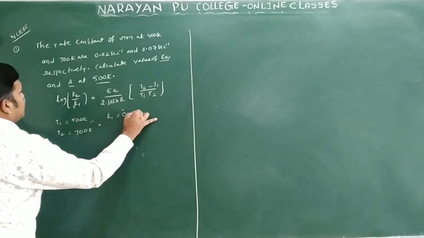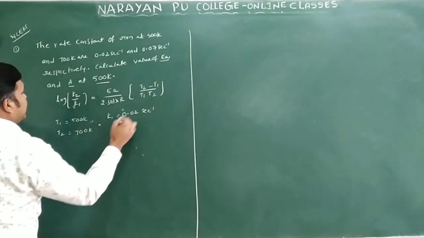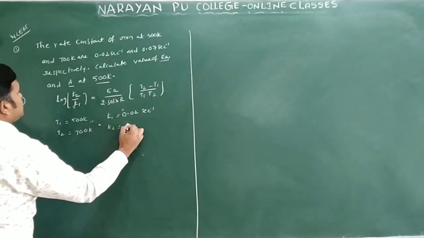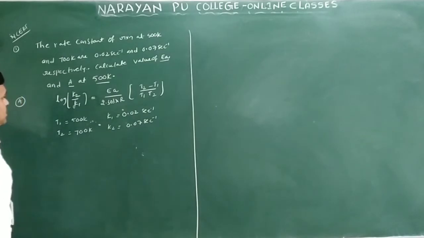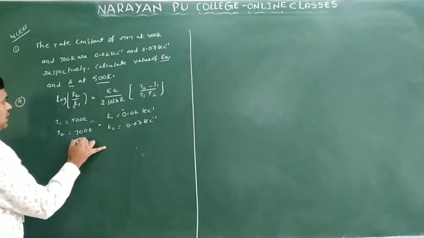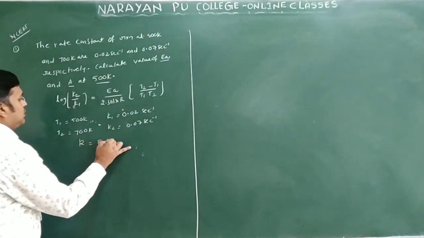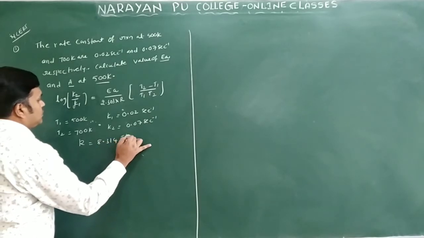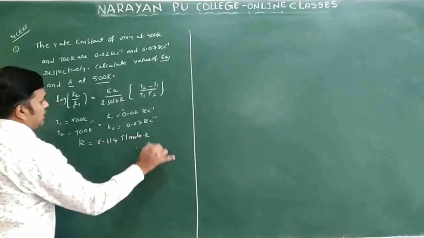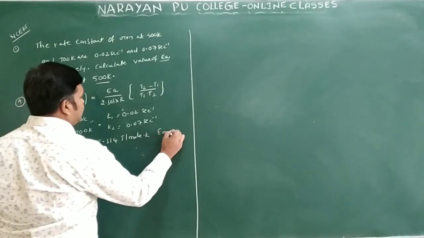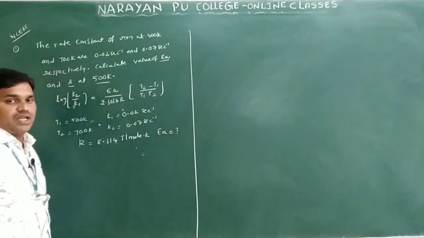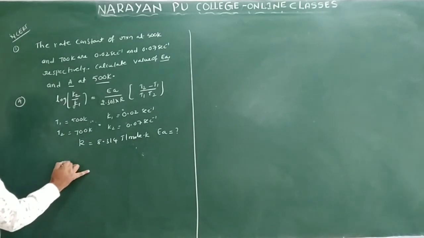K1 is equal to 0.02 second inverse and K2 is equal to 0.07 second inverse. R is equal to 8.314 joule per mole Kelvin. First we find the activation energy EA. Let us substitute the values in this formula.